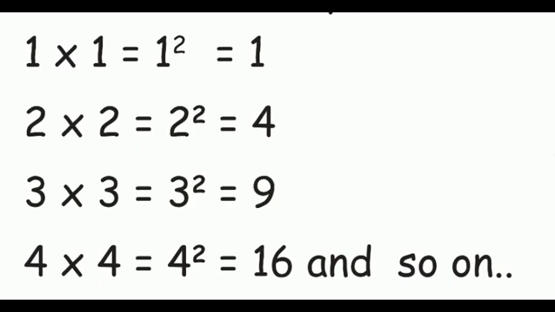Next, 4 into 4 equals 4 square. 4 4s are 16. Can you guess the next square number? Yes, 5 square. 5 5s are 25. So, when you multiply a number by itself, the result is a square number.